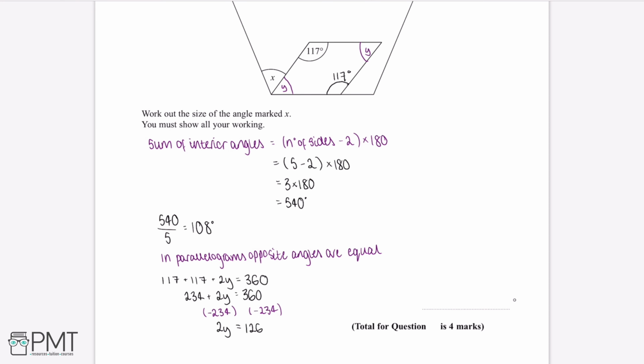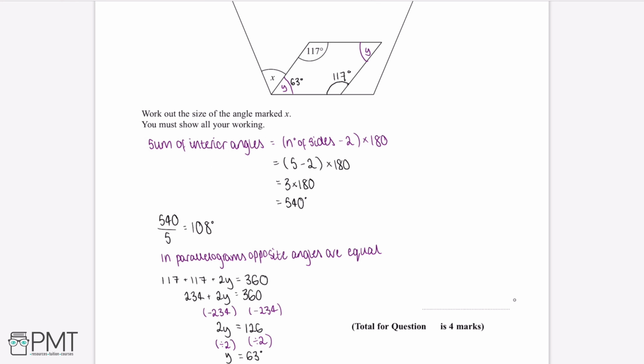And now the final thing we need to do to make y the subject is divide both sides of this equation by 2. Now 2y divided by 2 will give us y, and 126 divided by 2 gives us 63 degrees. So therefore the size of angle y is 63 degrees.